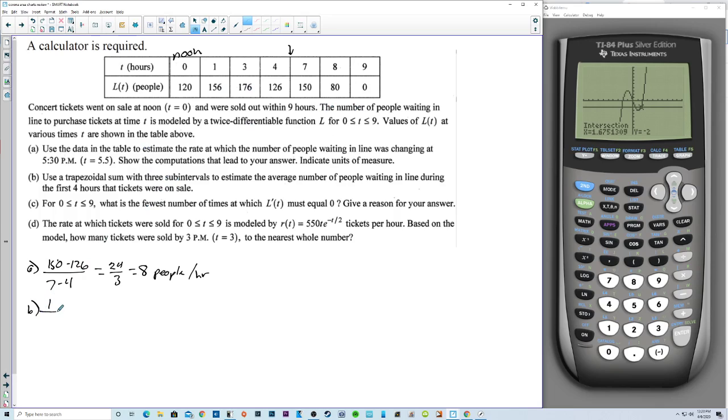So we have 1 over 9 minus 0 times the integral from 0 to 9 of L of t dt is equal to 1/9 times 1/2. Now here's the trapezoids. First 4 hours. All right, so these are all going to be 4s.